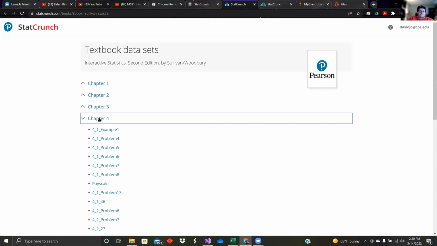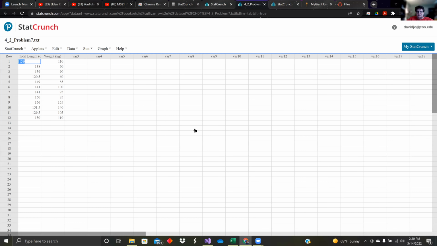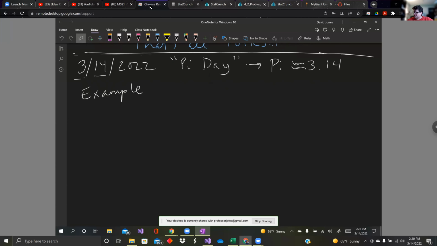I want to look at chapter 4, and it's 4.2.7 that I'm looking for, that I wanted to use as a teaching example. We looked at it and saw it before. This says total lengths, and this says weights. I'll switch back over to the writing screen so you can see. So 4.2.7 is our example.